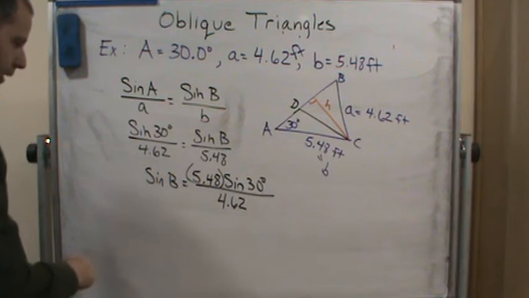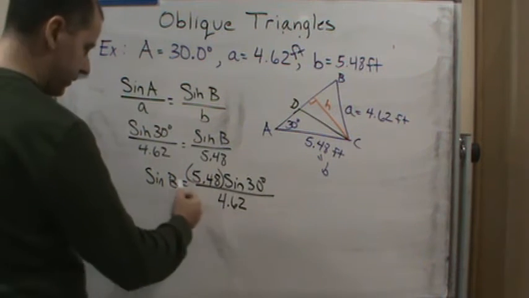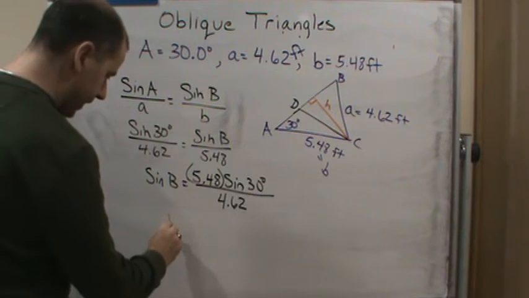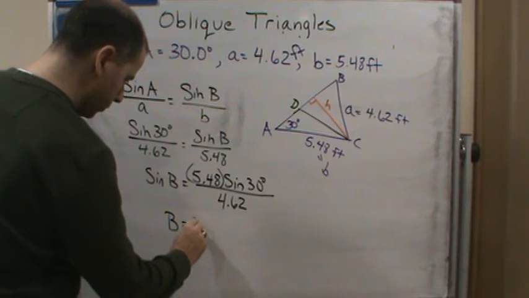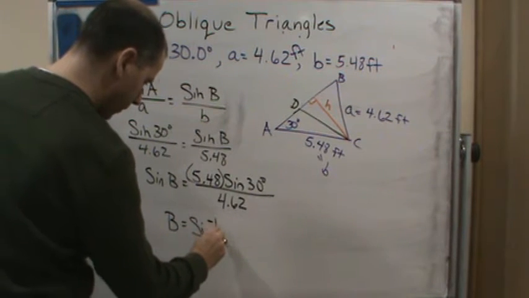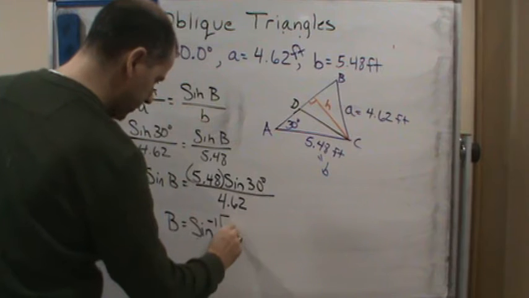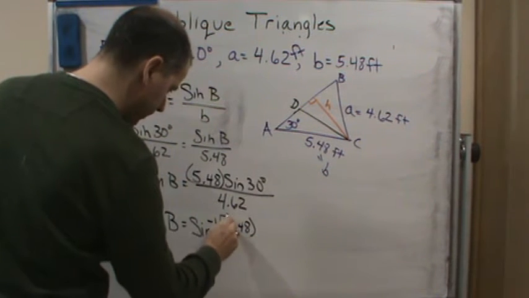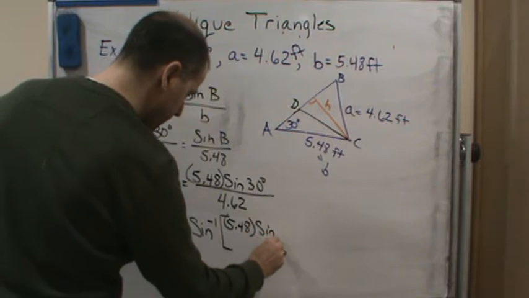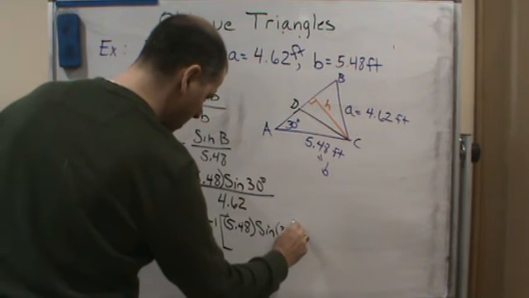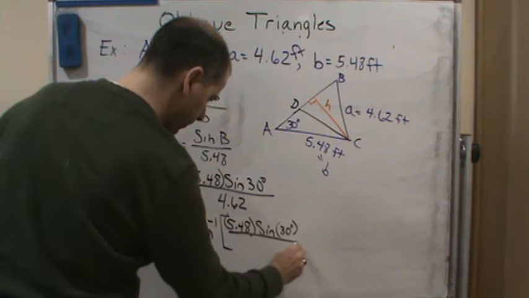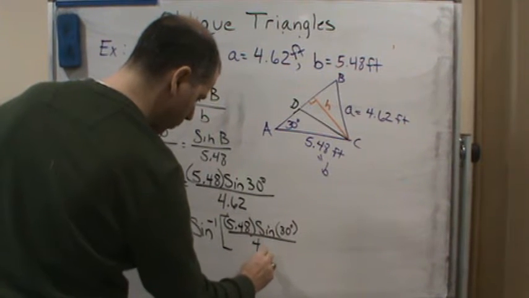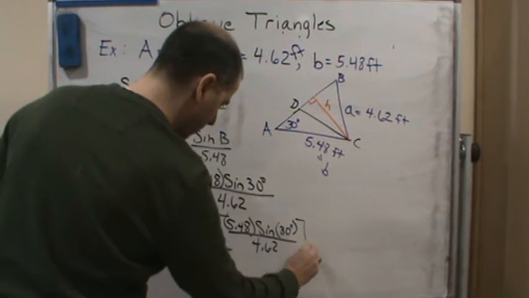Now if I take the inverse sine of both sides, I get B is equal to sine inverse of this whole thing, 5.48 times sine of 30 degrees over 4.62.